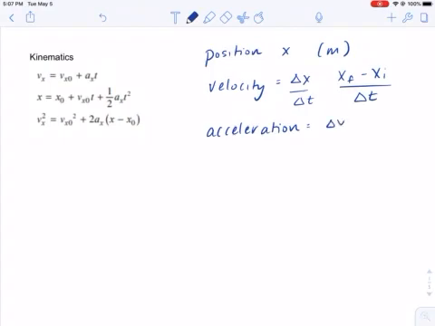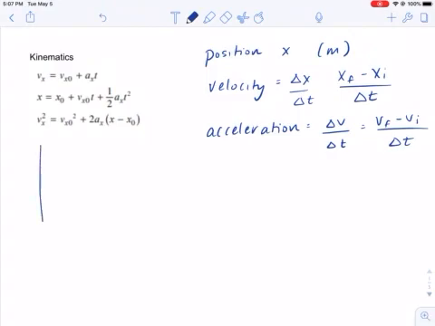And acceleration is change in velocity over change in time. Again, final minus initial. Now, we know that these deltas would work for algebra-based problems. For calculus-based problems, where we have a changing acceleration, we need to use derivatives to find velocity and acceleration.